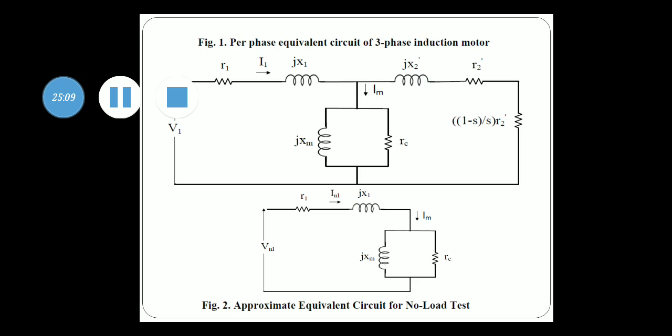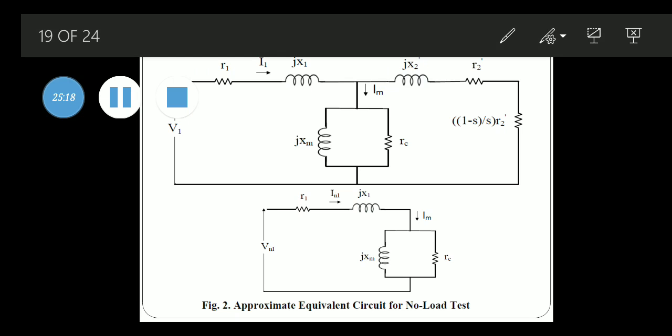Now let us consider the per phase equivalent circuit of a three phase induction motor. This was discussed in the last video. So you know the per phase equivalent circuit, where R1 is the stator winding resistance, X1 is the stator winding reactance, I1 is the stator winding current, and this is the no load component.